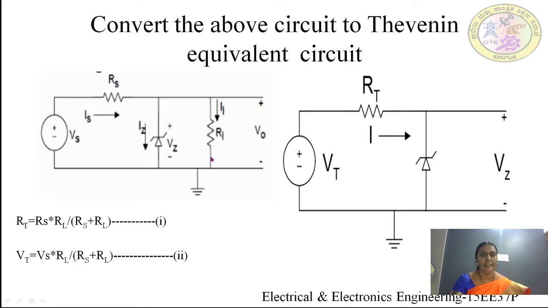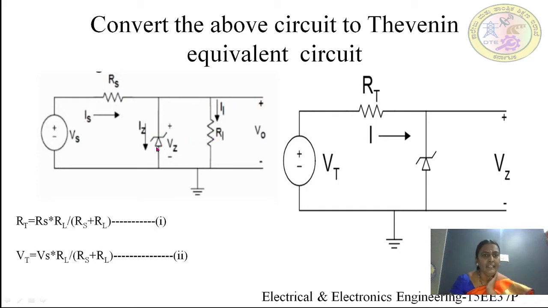For this, we first have to find the current flowing through the circuit, Is. Is is equal to Vs divided by Rs plus RL.